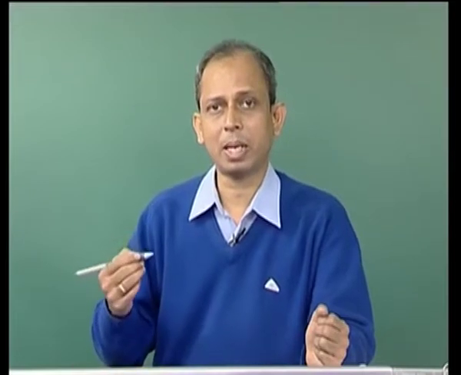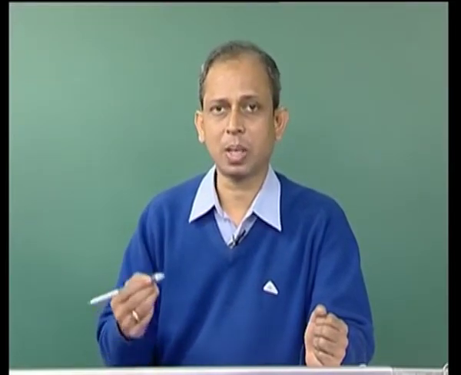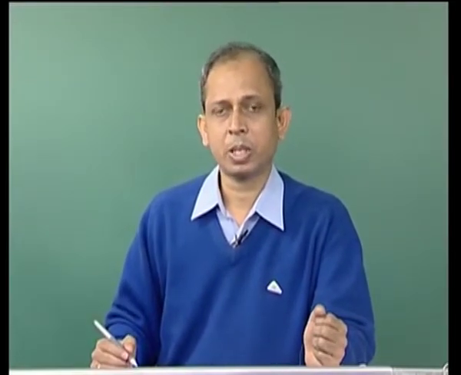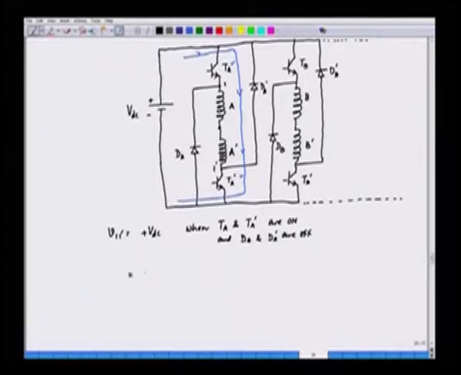Similarly, if you want to apply a negative voltage, we switch off the transistors. If we switch off the transistors, the current will flow through the diode. So, V 1 1 prime will be minus VDC when TA and TA prime are off and the diodes DA and DA prime are on.